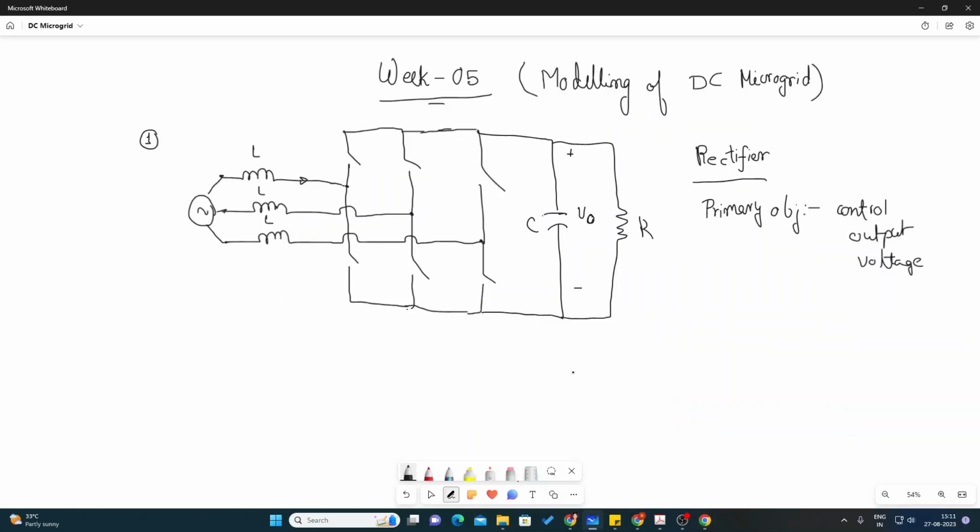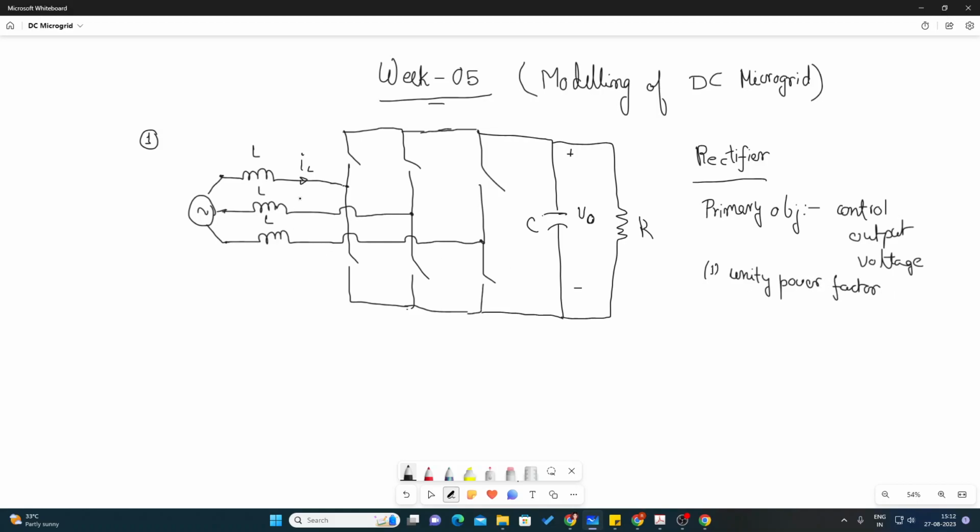I will show you. In a rectifier, this is the IL, right, and this is the output voltage. So here the primary objective is to control the output voltage. And after controlling the output voltage, what we also want to achieve along with that is unity power factor, right?